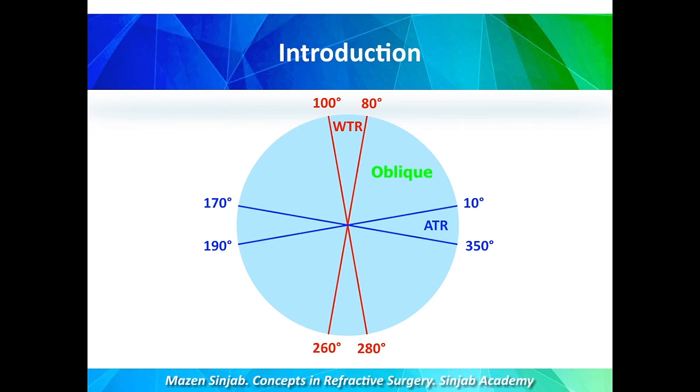So with the rule, when the steep axis is at 90 plus minus 10 degrees, and against the rule when the steep axis is 180 plus minus 10 degrees, otherwise it is oblique.